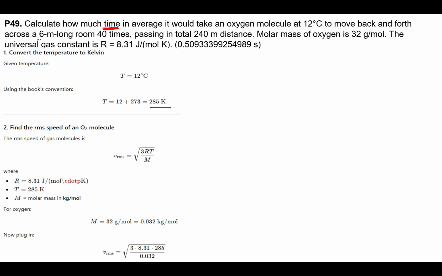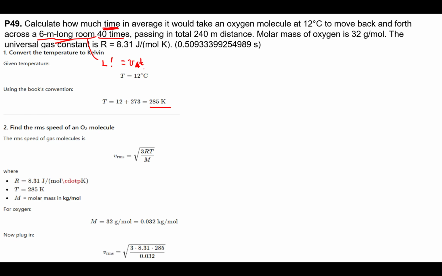Then there is a distance, 40 times, which gives you the total length. What it asks is that basically you want to find the velocity to find the time. The distance is given and the velocity is known, so d equals v times t.